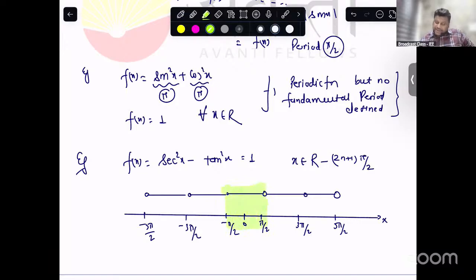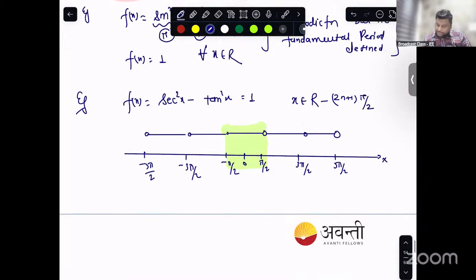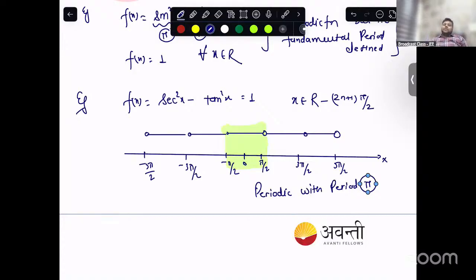If I take a stamp, it is repeating again and again. Yes or no? So that is why this function is periodic with period pi.